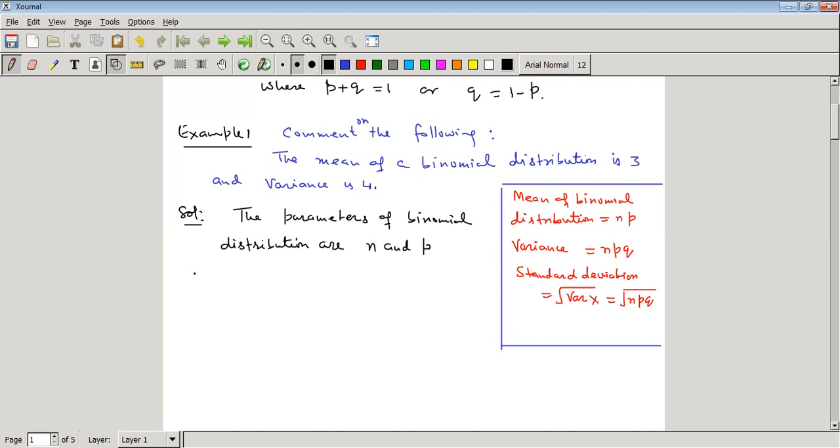So it is given that the mean of binomial distribution is 3, that is n into p is equal to 3.